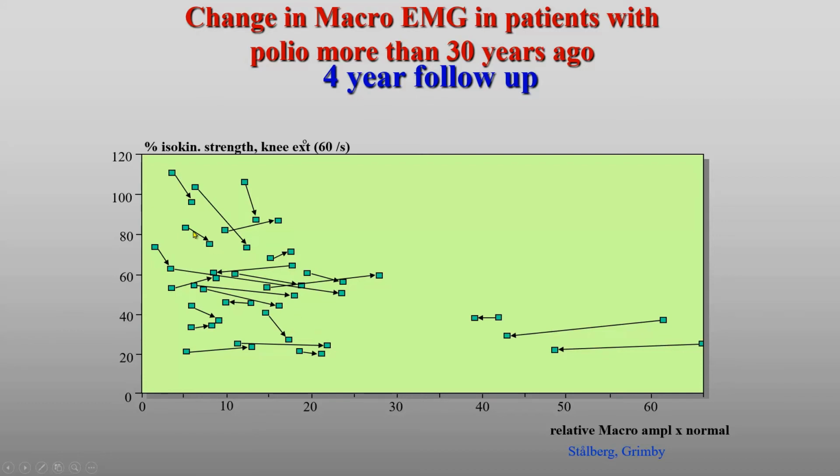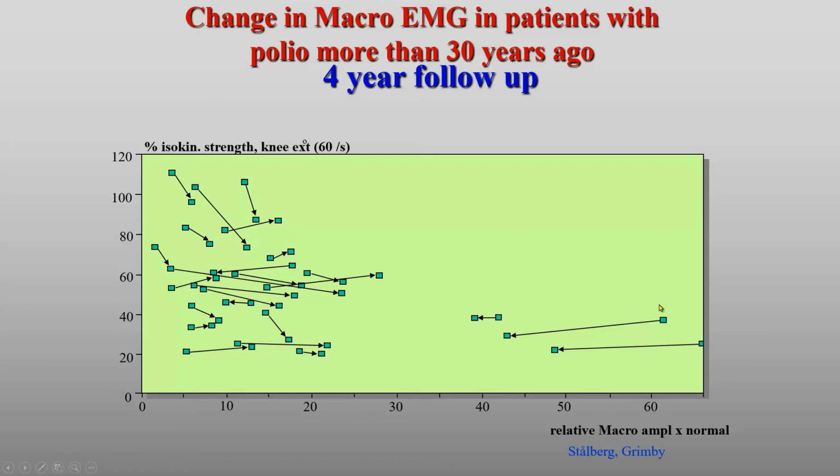This one goes from something like 4 times and it goes up to 8 times. You see they increase with time, these motor units, also in patients that had polio 30 years ago. And we say something is going on continuously, and I will tell you about that later.